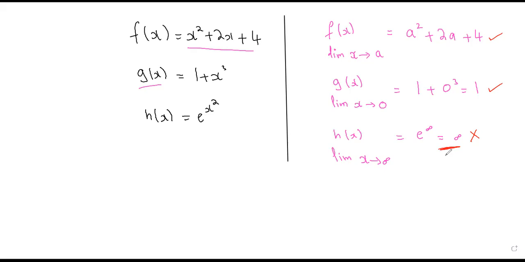Some forms which are not acceptable, and we need to modify the function just so when we plug in the limit again, we get something better. So first, let me write down the indeterminate forms, and then we'll talk about examples and I tell you how to modify the function. So any confusions with the basic idea about what exactly limit is?